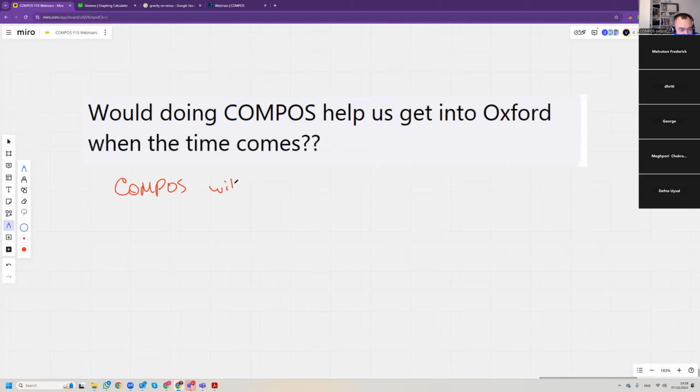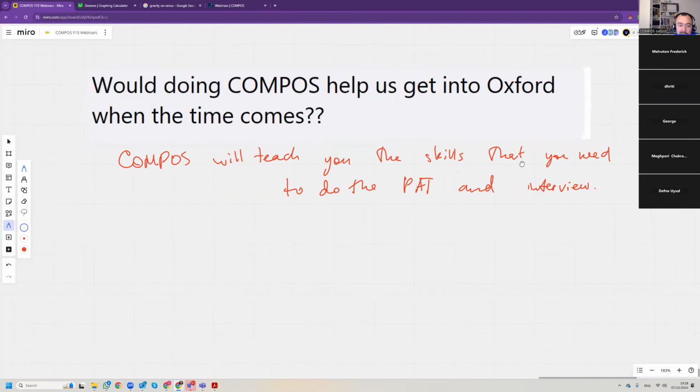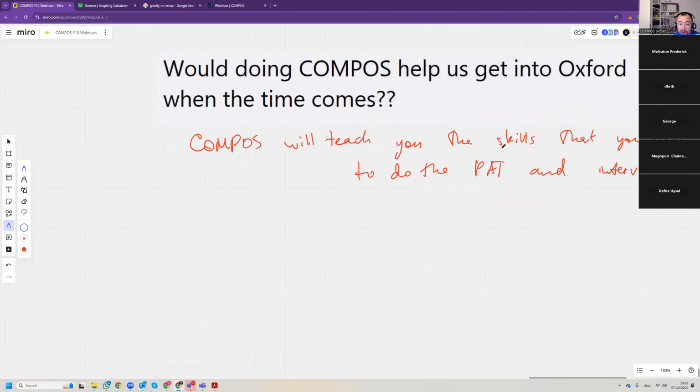COMPOS will teach you the skills that you need to do the PAT and the interview. Just writing down COMPOS on your application doesn't necessarily equate to you getting in, but the skills that you will be able to demonstrate certainly will.